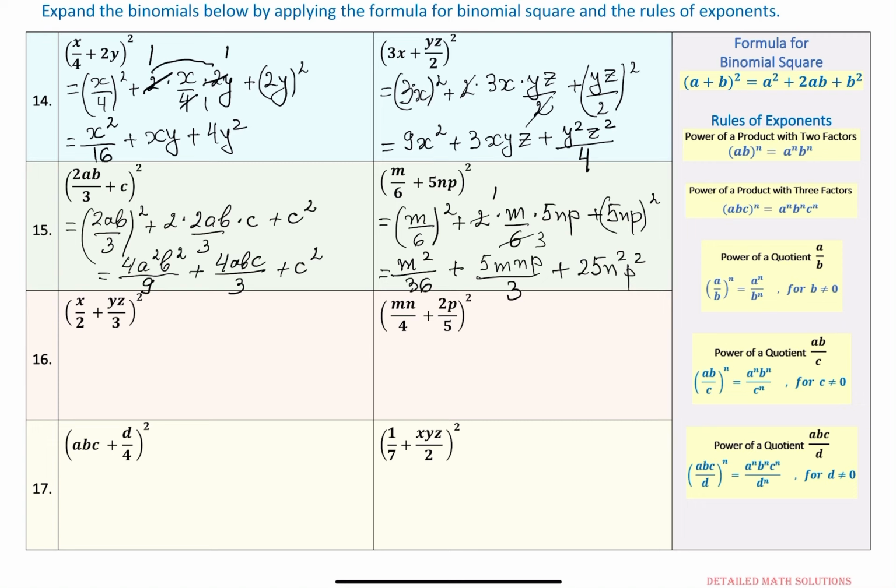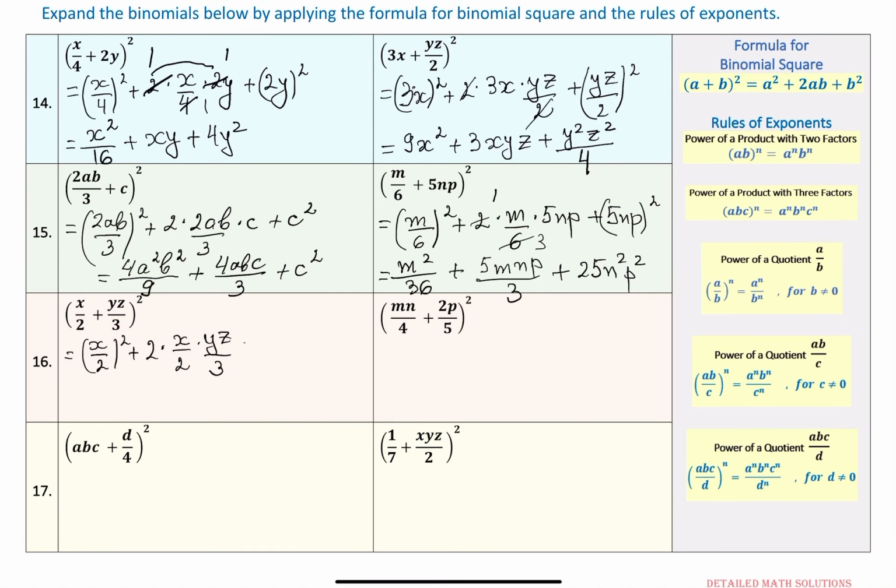Next exercise, (x over 2 plus yz over 3) squared. This equals (x over 2) squared plus 2 times x over 2 multiplied by yz over 3 plus (yz over 3) squared.